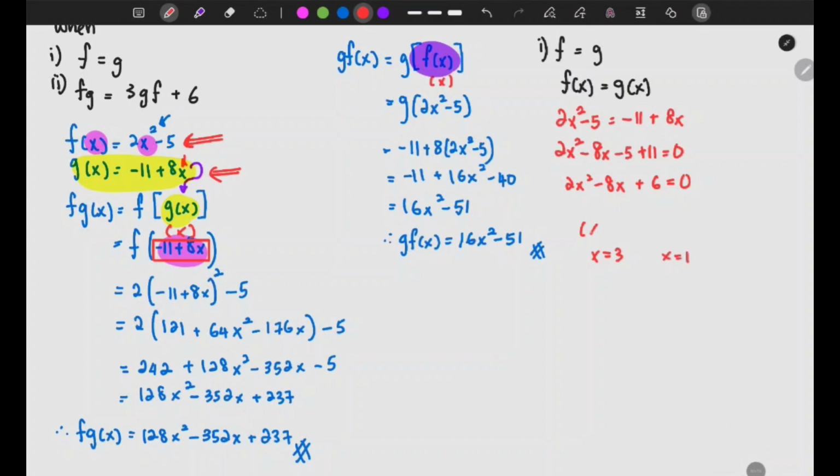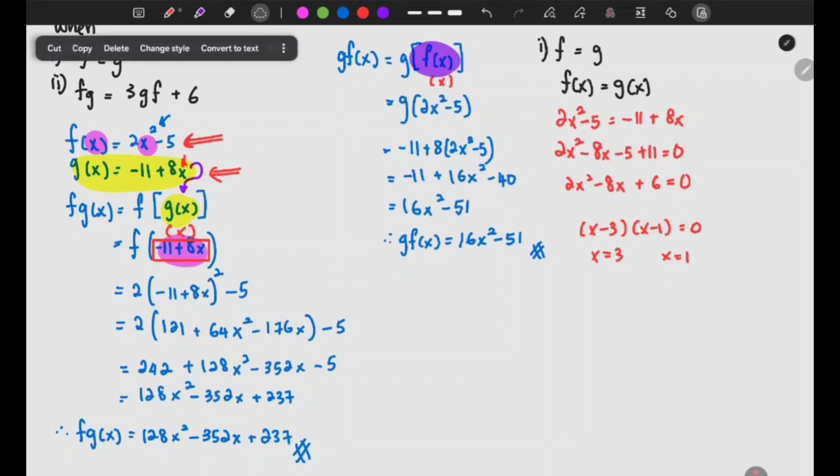Oh yeah, I forgot, my bad. You also need to simplify. I forgot this step. 2, 8, 6 can be divided by 2, right? So simplify them. x squared, 8 divided by 2 is 4x, 6 divided by 2 is 3. And you got your answer, x equals 3 and 1.